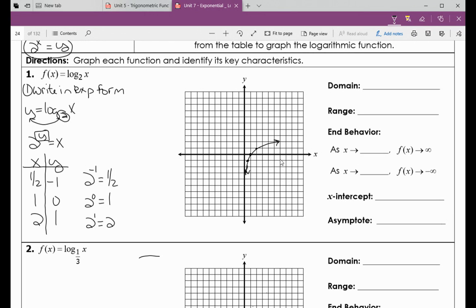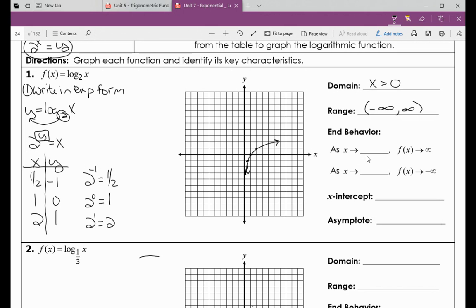Now, as far as answering these questions over here, I have a domain value, which is all numbers x greater than 0, because I did not graph any numbers on the negative side of x. I only used the positive side of the x-axis. Your range is all real numbers.